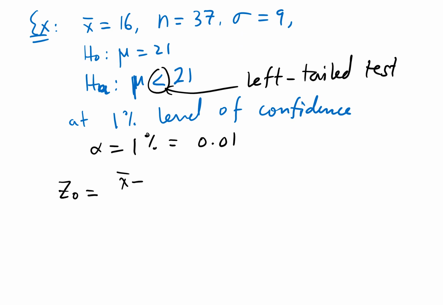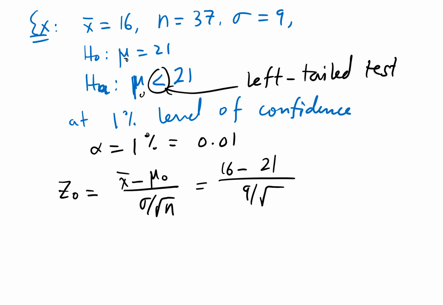That's x bar minus mu 0 over the standard deviation over the square root of n. X bar is given as 16, mu 0 is 21, the standard deviation is 9, and n is 37. If we work this out, it gives me negative 3.38, rounded to 2 decimal places.